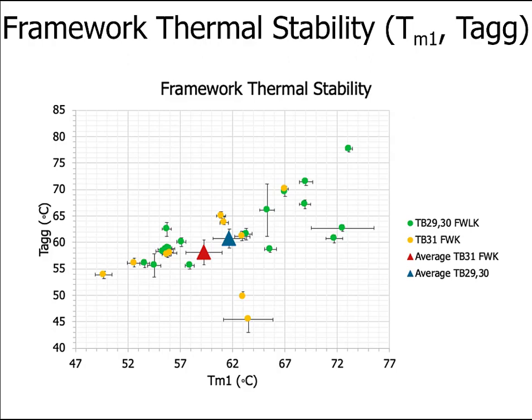In general, what you can see is that there's really no strict correlation between the framework and overall stability. For both types of libraries, we see a wide range of different thermal stabilities as well as temperatures of aggregation. And so it really tells us that the CDR sequences themselves actually played a major role and dictated the overall stability of these leads.